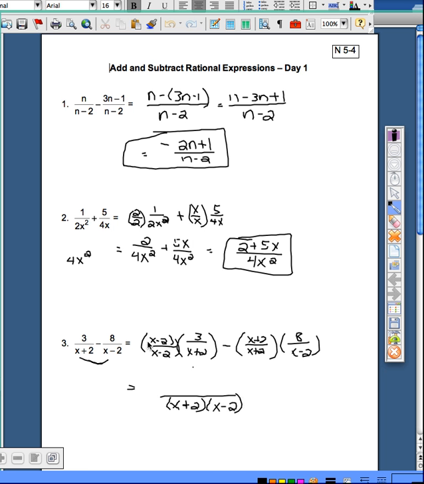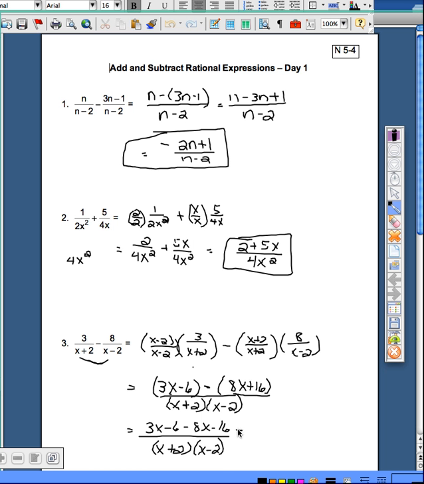Okay. We distribute the 3, so we have 3x minus 6, minus, and we distribute the 8, 8x plus 16. But remember that this negative has to distribute across here. So that's the same as 3x minus 6 minus 8x minus 16, all of that over x plus 2 times x minus 2.